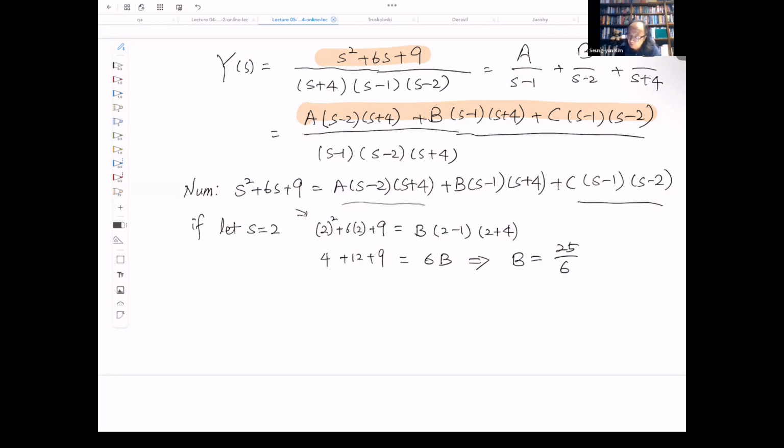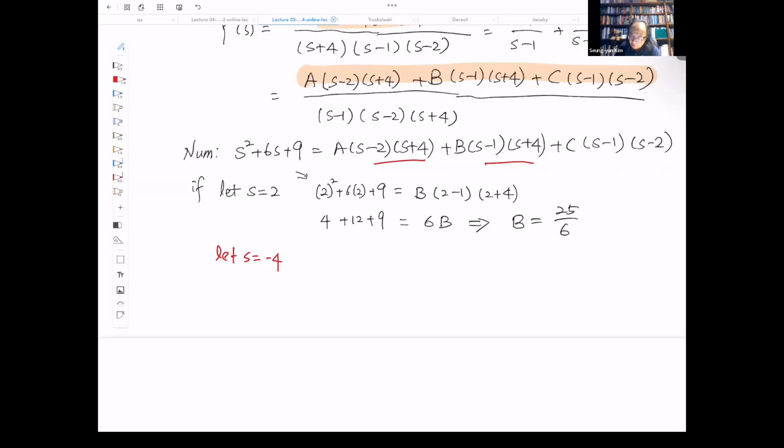Now, in a similar way, we let s equals negative 4. Then the other terms go away. We have negative 4 squared plus 6 times negative 4 plus 9 equals C times negative 4 minus 1, negative 4 minus 2.